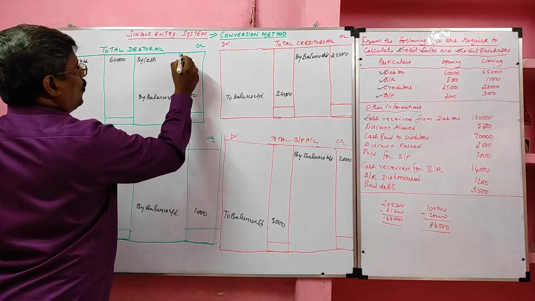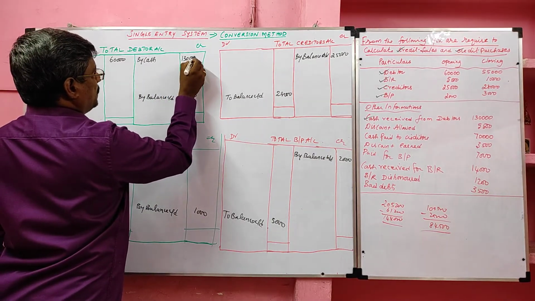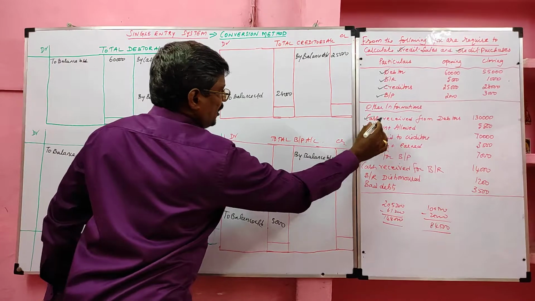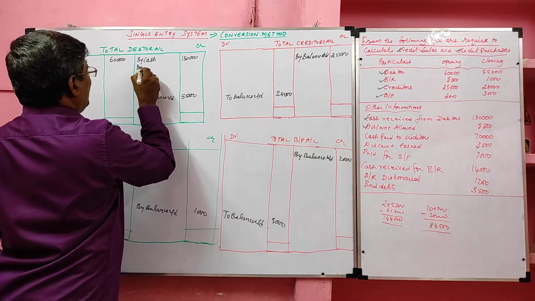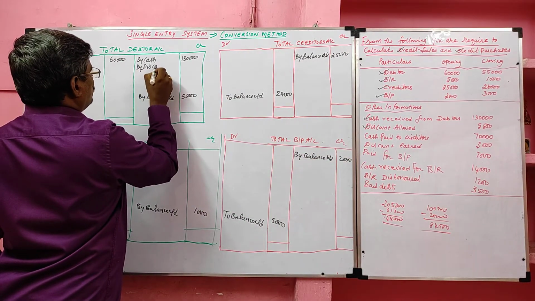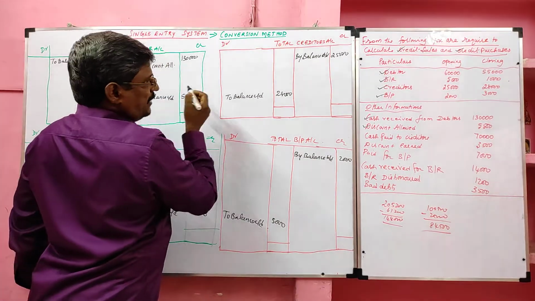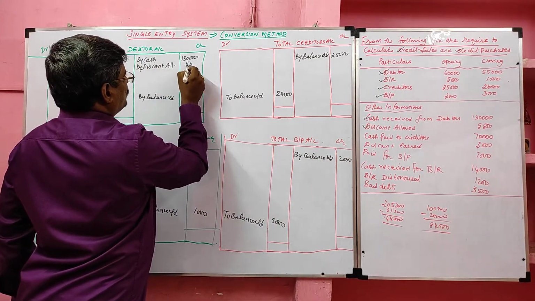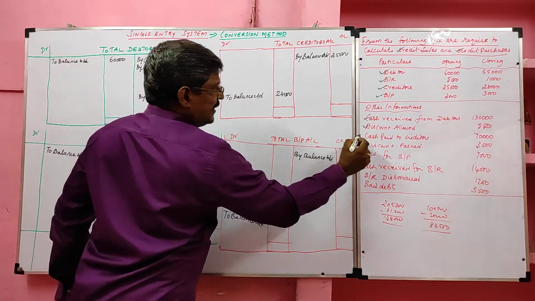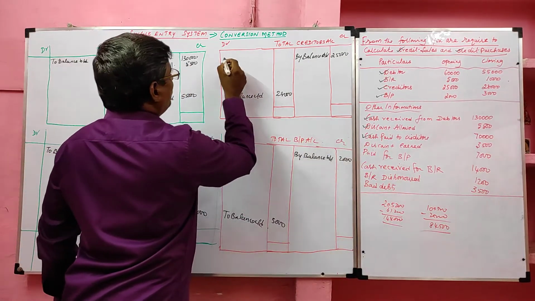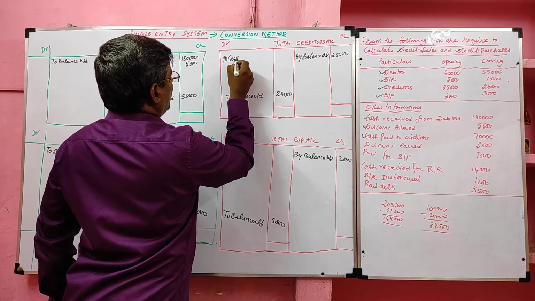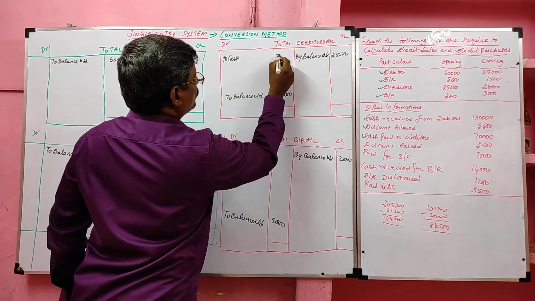Now cash received from debtor, it will be credited to the debtor account by cash, the value 1,30,000. Next, discount allowed, credited to the debtor account, value 5,500. Then cash paid to creditor, it will be debited to the creditor account, cash paid, the value 70,000.